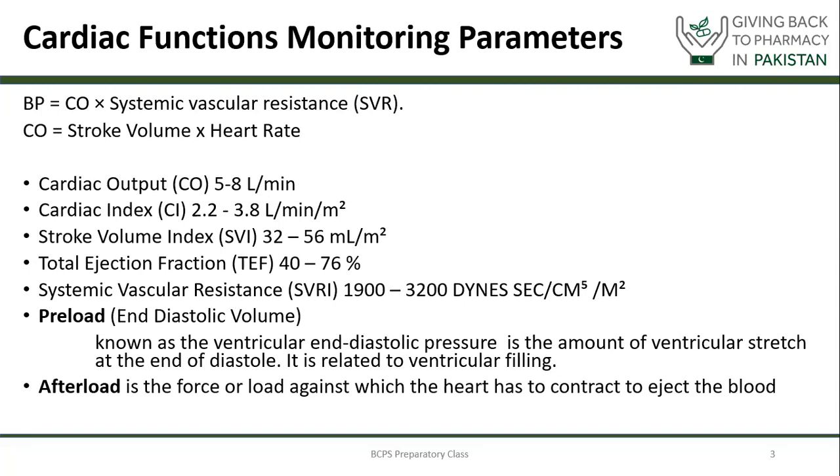In a healthy individual, cardiac output is almost 5 to 8 liters per minute, and the cardiac index is 3.8 liters per minute per meter squared. Stroke volume index is 32 to 56 ml per meter squared. Total ejection fraction is 40 to 76. We will deal mostly with cardiac index and ejection fraction in this chapter.